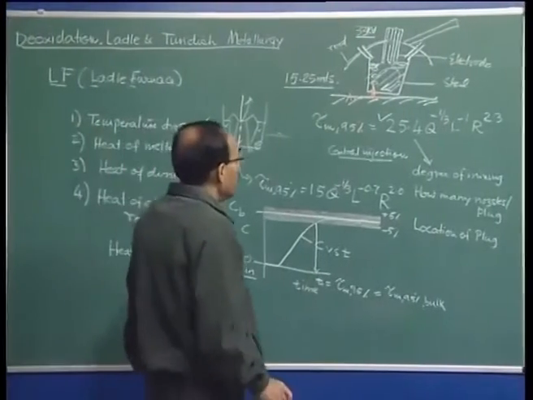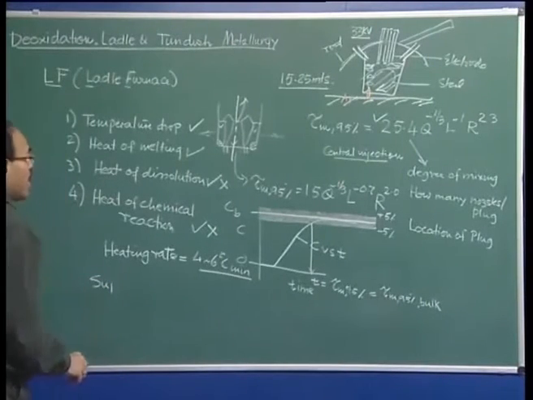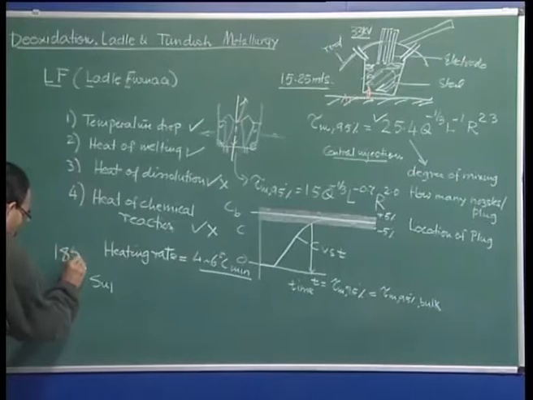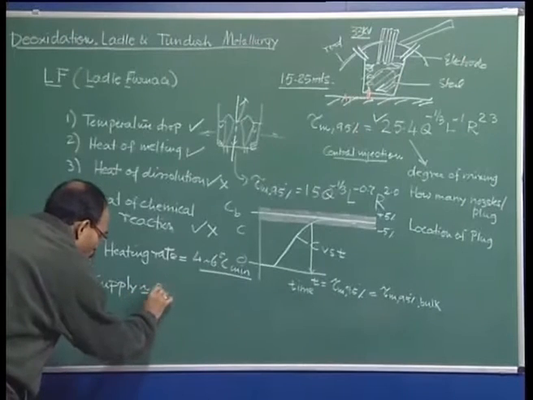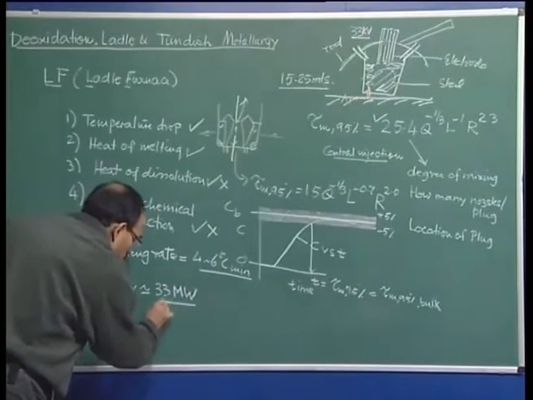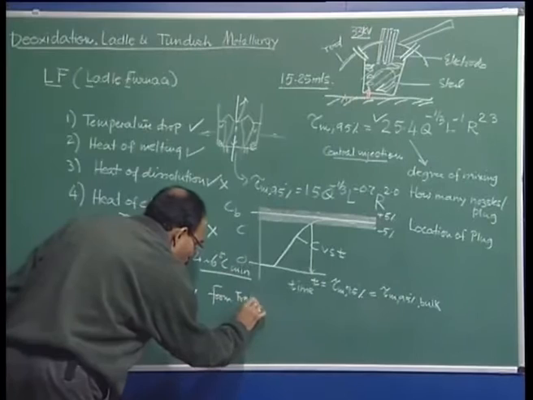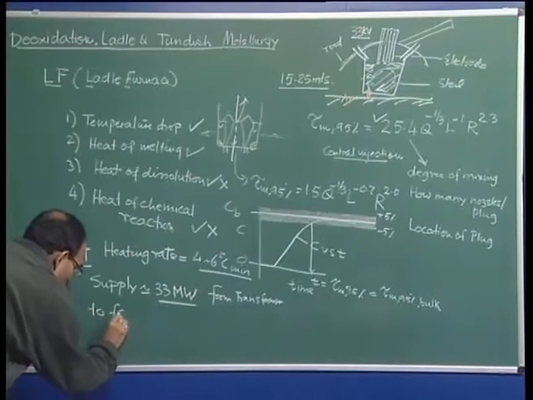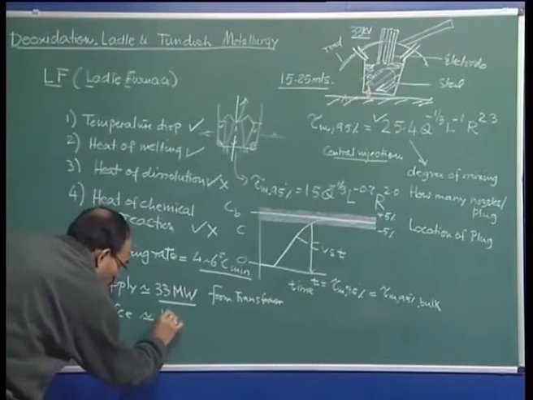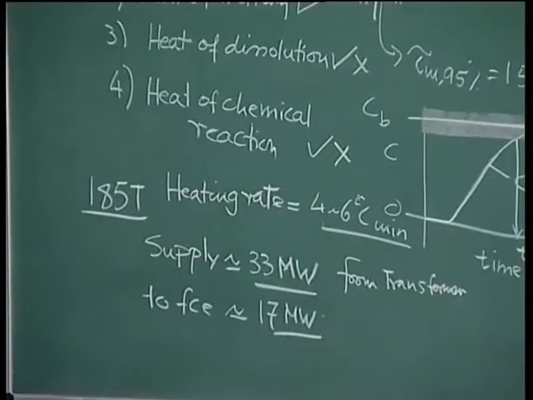So, basically, I will quote some data to give you an idea: for, say, a 185 ton size ladle, the supply from the transformer is of the order of 33 megawatt, and to the furnace the power is fed at the rate of roughly 17 megawatt, and this gives rise to heating at the rate of 4 to 6 degrees centigrade per minute.